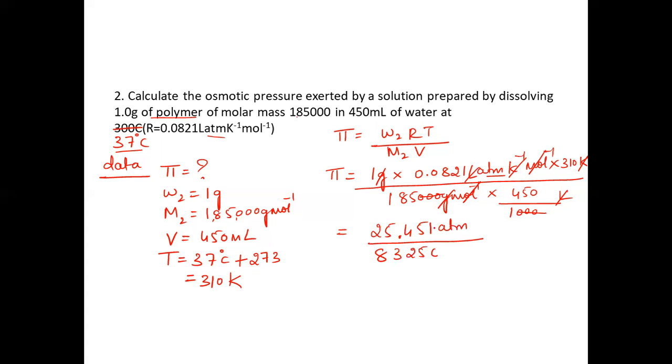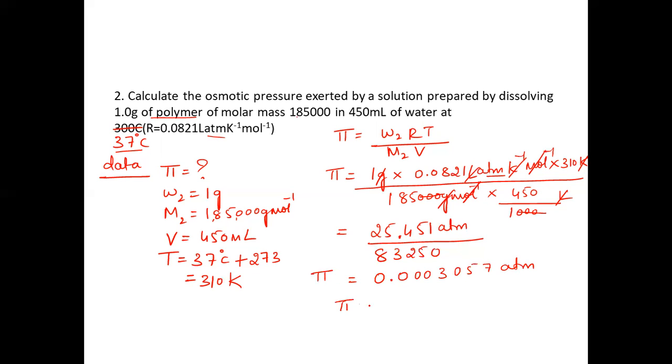So we need to divide it again to get the value of osmotic pressure. 25.451 divided by 83,250 is 0.0003057 atmospheric pressure. So this is the answer.